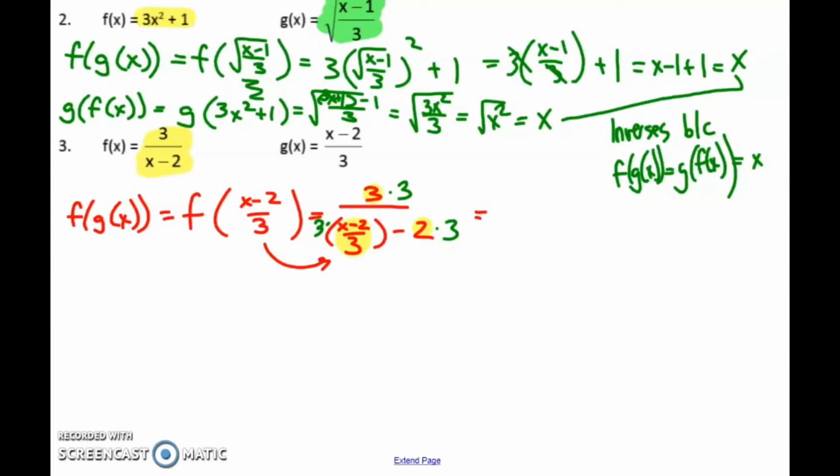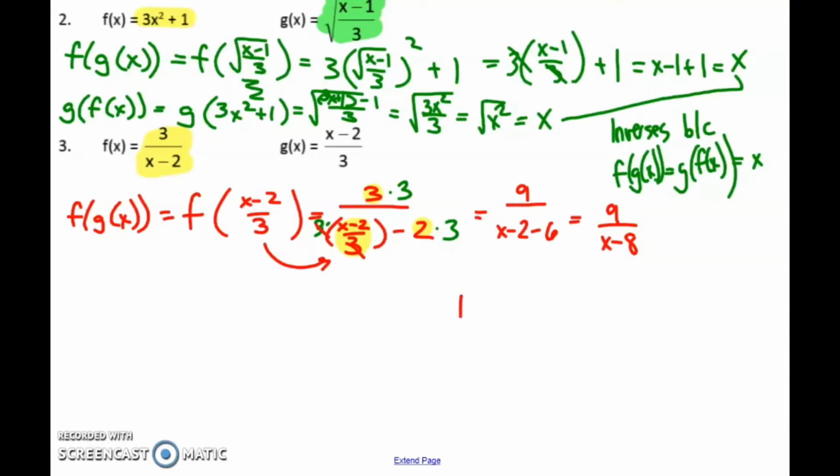Okay, so in doing so, my numerator, 3 times 3, that's 9. Here, those cancel. So this is the beauty of this technique, it gets rid of the complex fraction. So I just have an x minus 2 minus 2 times 3, which is 6. So this is 9 over x minus 8. Well, I'm done here because that does not equal x.